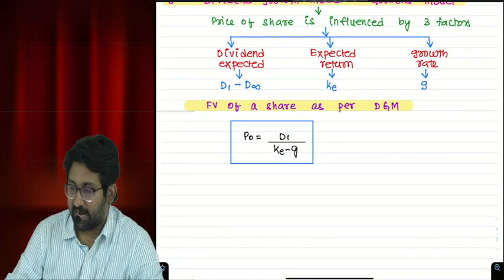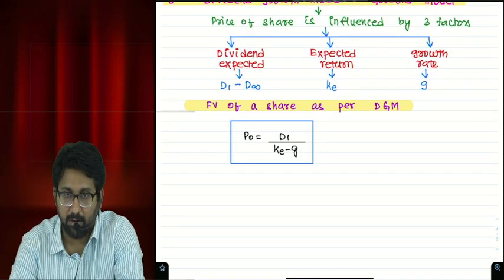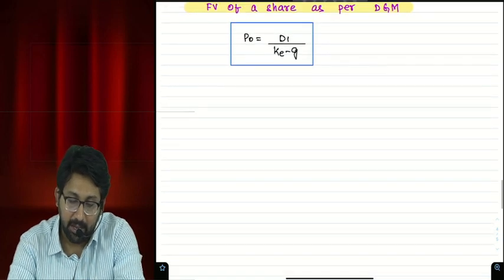Now let us understand the modus operandi of this model, how they actually operate.